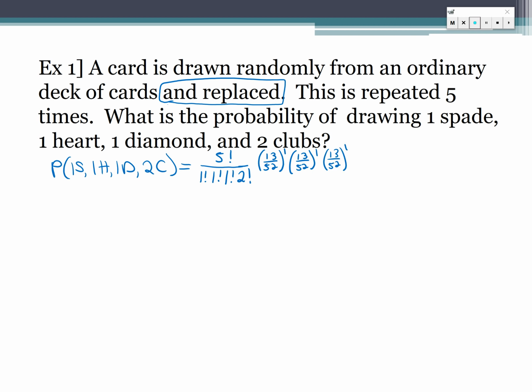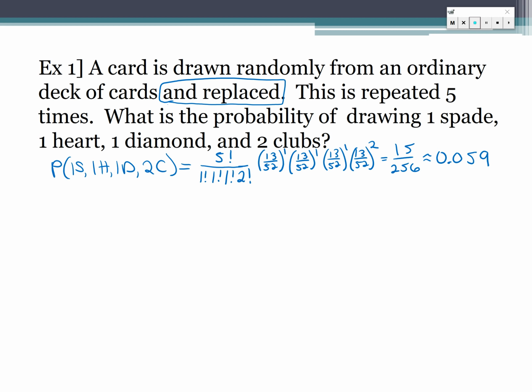And I just want 1 diamond. 13 out of 52 for clubs, but I want 2 of those. We do a little computation, and we end up with 15 out of 256, or approximately 0.059.